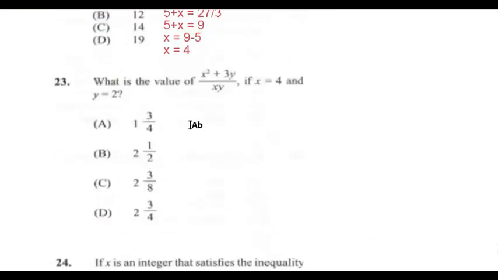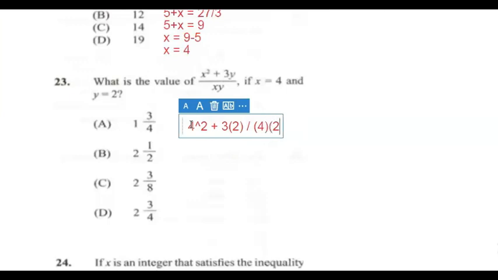23, what is the value of x squared plus 3y, and all of that is divided by xy, if x is equal to 4 and y is equal to 2? So it is 4 raised to the second power, 4 squared, plus 3y, which is 3 multiplied by 2, and all of that is divided by xy, which is 4 multiplied by 2.